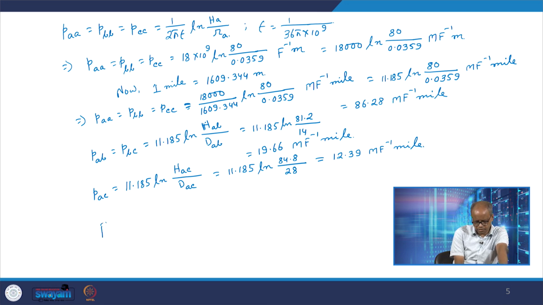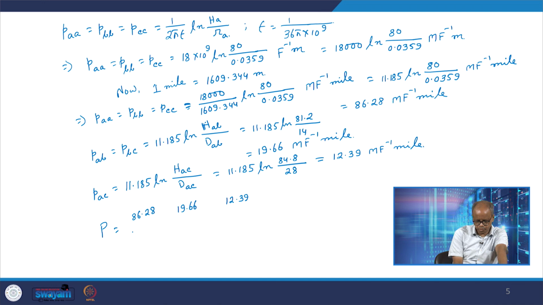So what is my P matrix now? P matrix is PA, so it is say 86.28, then PAB is 19.66, and then PAC is 12.39, right.